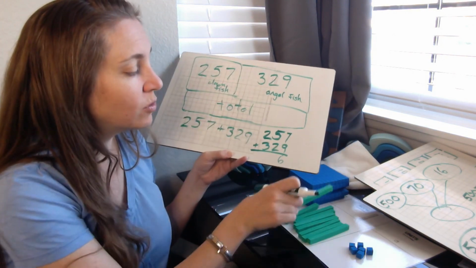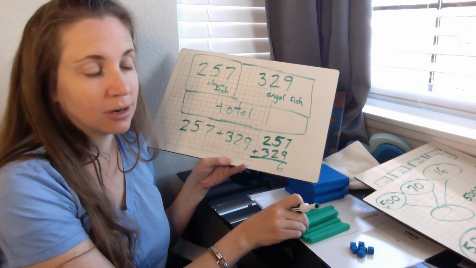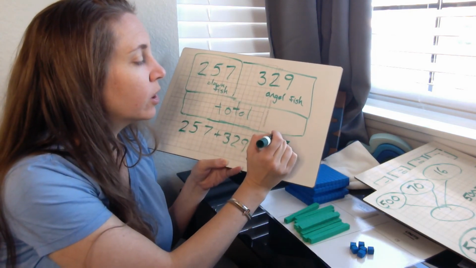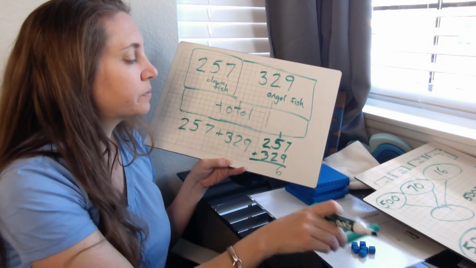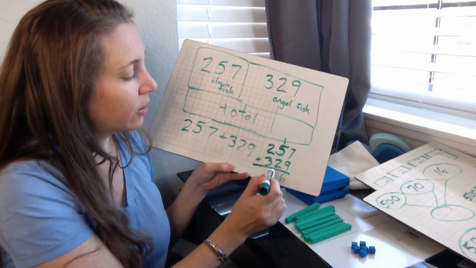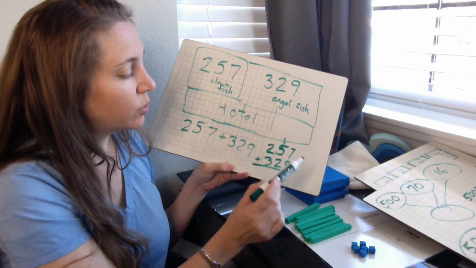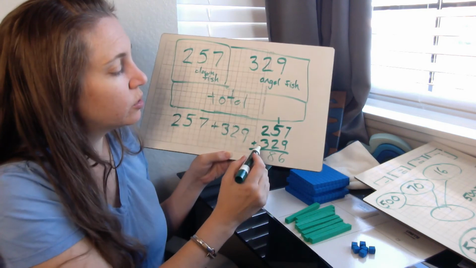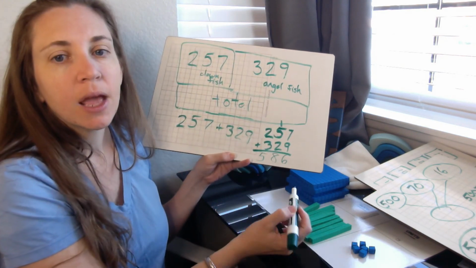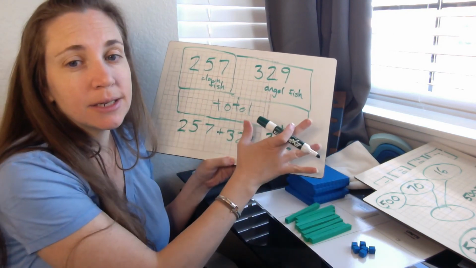What we did was we took that 10 and we actually moved it over to the next section. So I'm going to move it over so that it gets added up with the other 5 and the other 2. And then I'm going to add all of those together. 5 and 2 and 1 we decided was 8. And then we had our 3 and our 2, and that was 5.